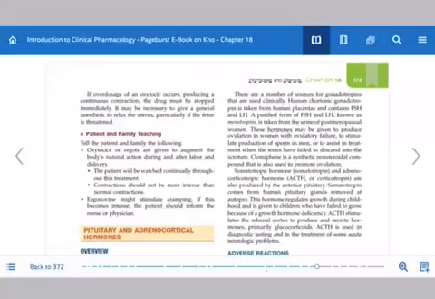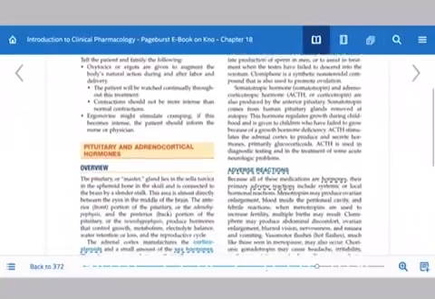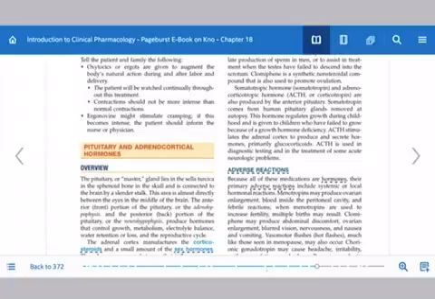All right, let's go on to pituitary and adrenocortical hormones. All right, we know the pituitary is called the master gland, right? It secretes or signals for everything. All right, so remember our adenohypophysis is the back portion of the pituitary, the posterior pituitary.